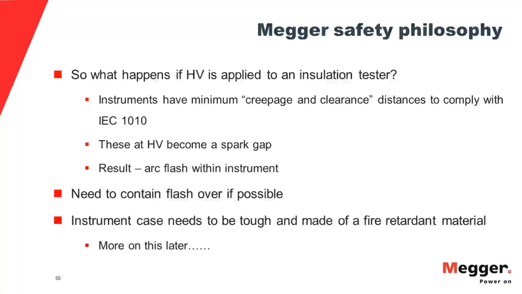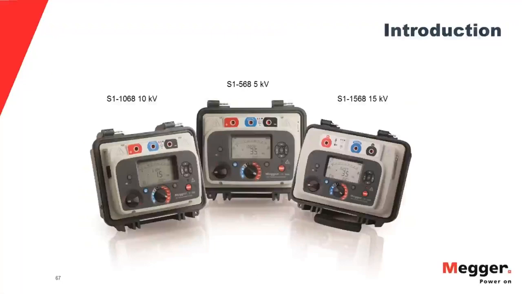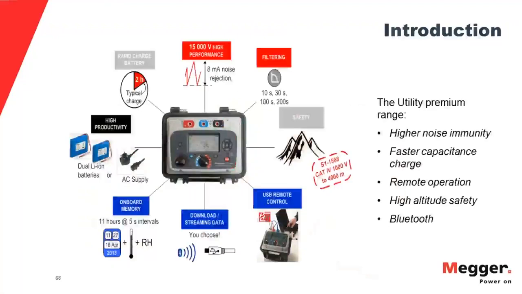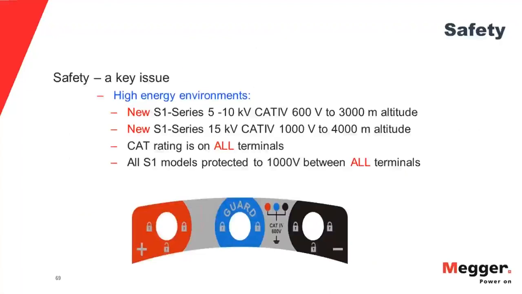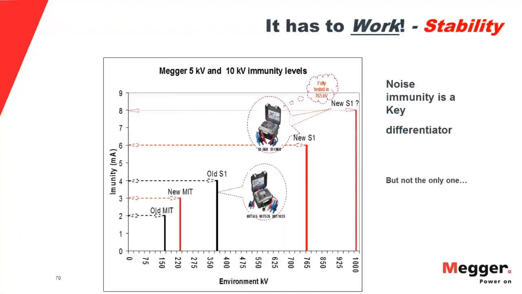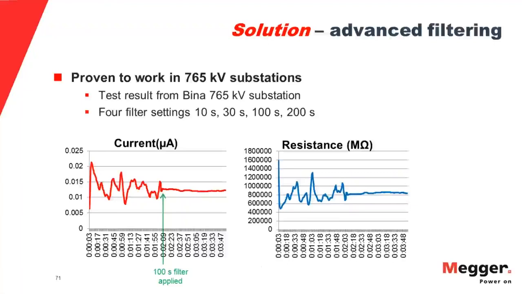Okay, and with that, we'll take a quick look then at, again, this shows noise immunity, which the S1 series is the best on the market for noise protection. You can look at that. And this is a nice graphic that sort of shows you how, on our S1 series, you can engage filters and what those filters do to get rid of noise if you're testing in something like a switch yard.